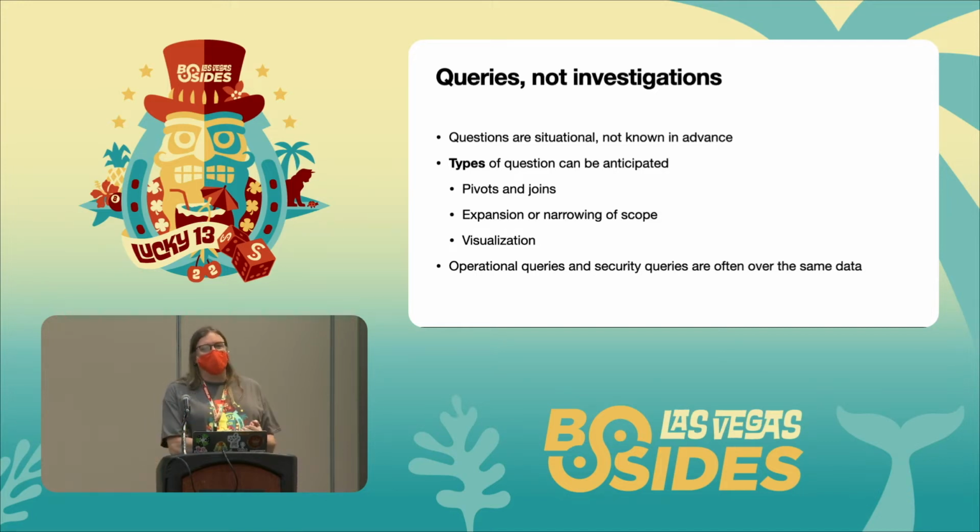So things like pivots and joins. So I've got a suspicious session going on. It's like, okay, Joe has not logged in from Singapore. He's based in New York. This might be a suspicious session. I want to look at his credential. I want to say, okay, what was that credential used for since time X or in this user session?